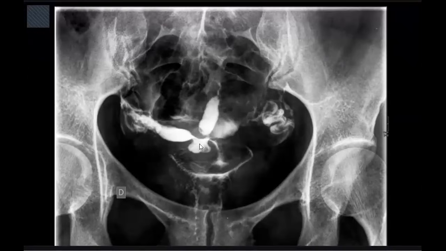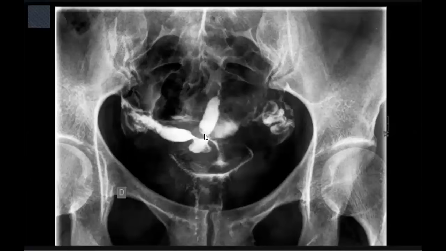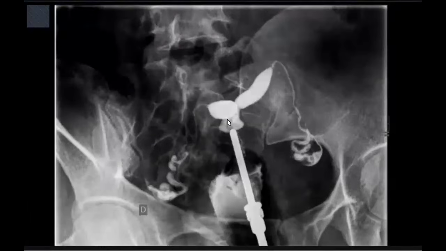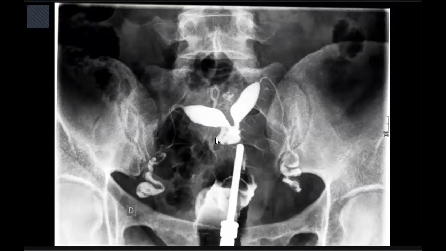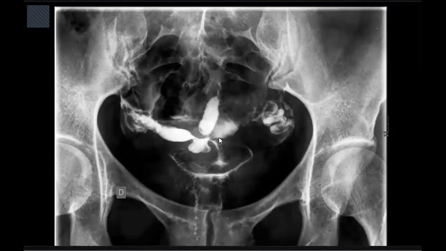Yes, two uterine cavities are being outlined with contrast, and because we have a uterine differential here, I can also appreciate that the contrast is outlining bilateral fallopian tubes. And now I'm trying to look for the spillage of contrast into the peritoneal cavity. Okay, I'm scrolling through the images to look for it.